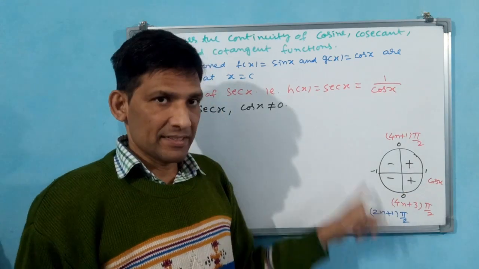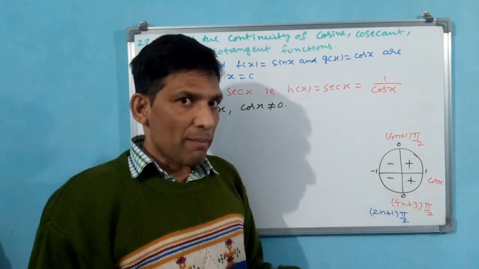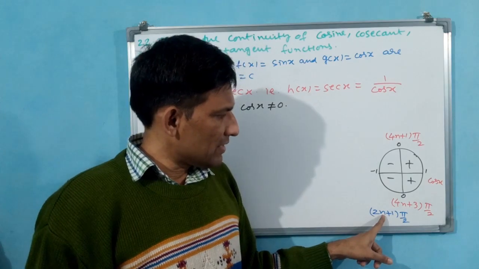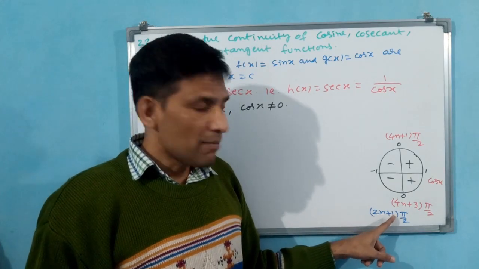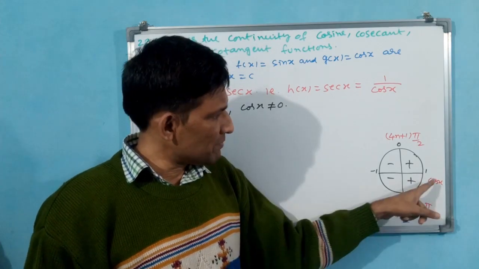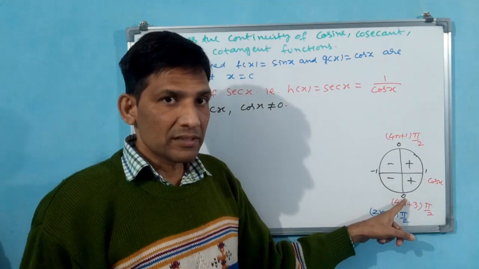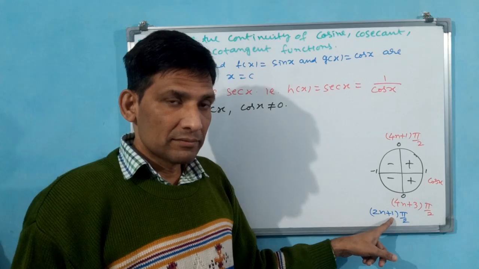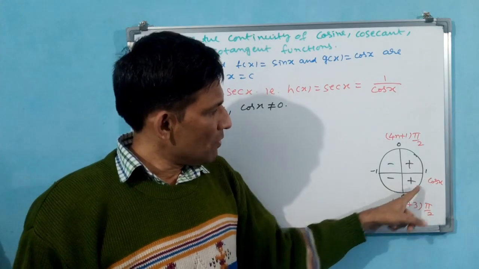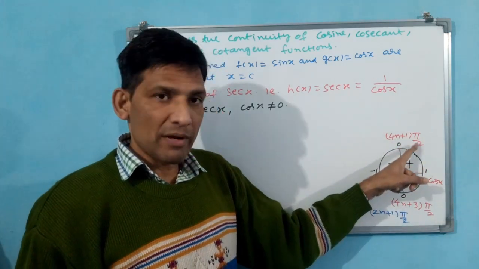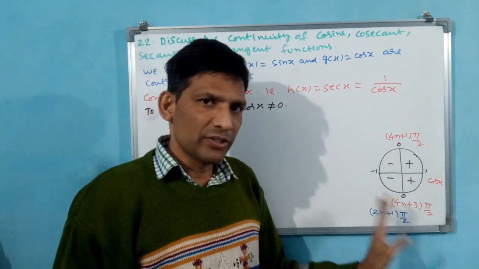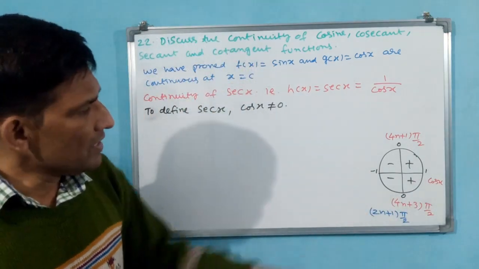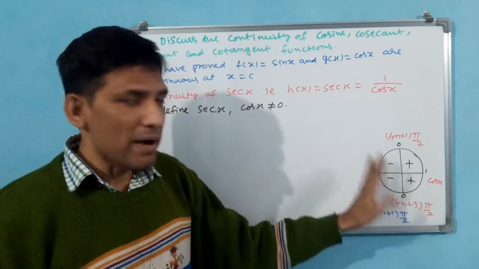This is the plus case. Minus case: minus 1 means minus 2 plus 1, minus pi by 2, here. Minus 2 means minus 4 plus 1, minus 3 pi by 2. Like this, any side you can give, n is an integer. 2n plus 1 pi by 2 is the combined angle for this.